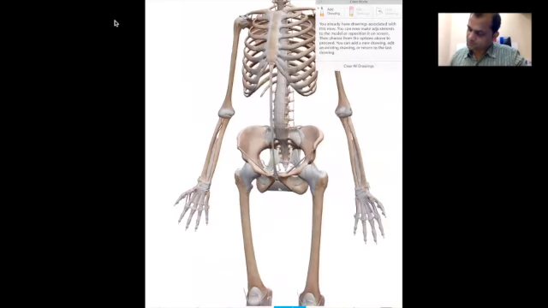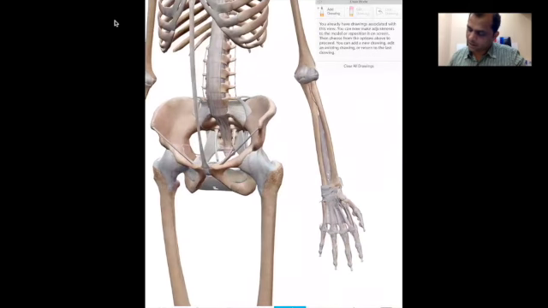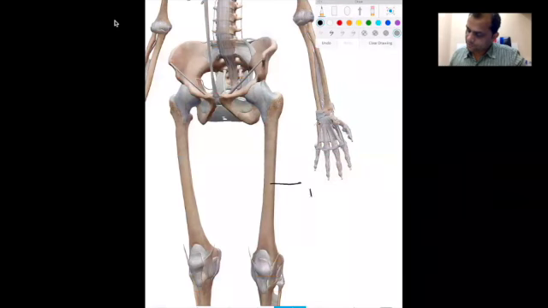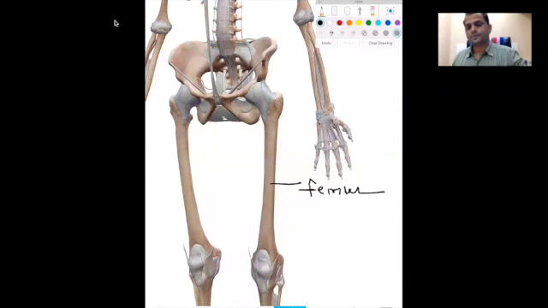So we can see this image. This is the patient. This is the femur bone, which is in the thigh. And this is the head of the femur.